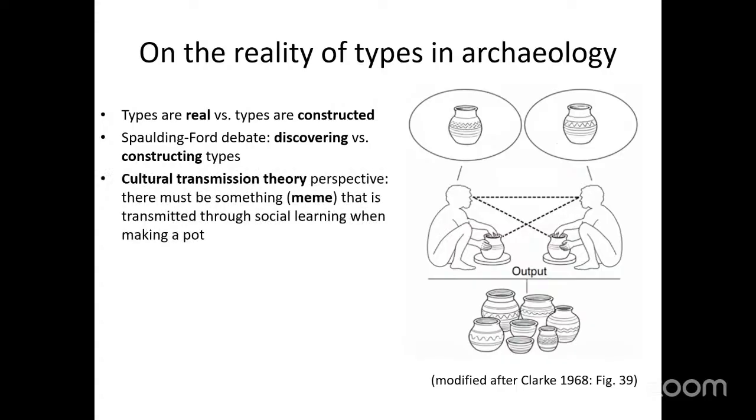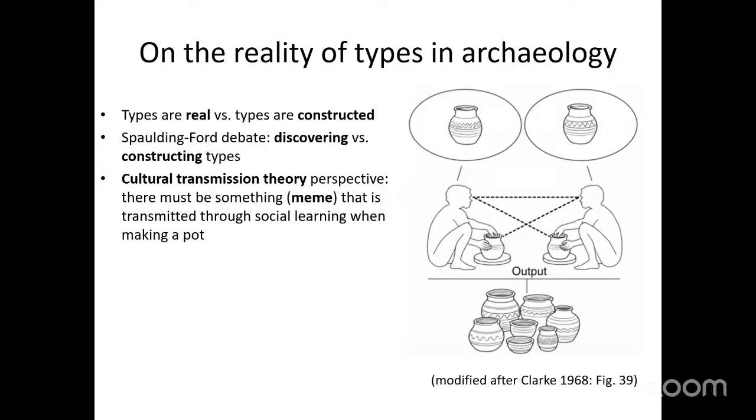And our perspective here comes from the cultural transmission theory, which says that if pottery is something that is copied, that is learned in the context of social learning, there must be an idea that is transmitted, learned, which goes from one potter to another, a meme, if you call it, which has to be, in a sense, real.